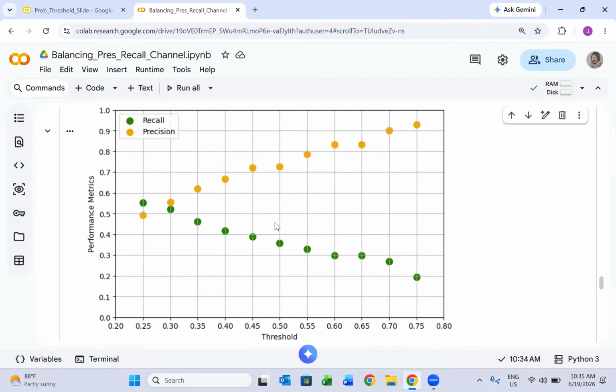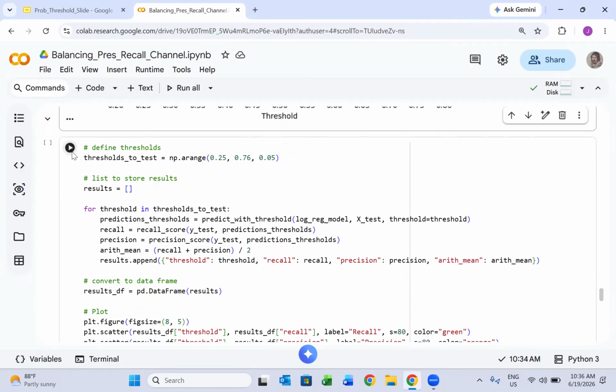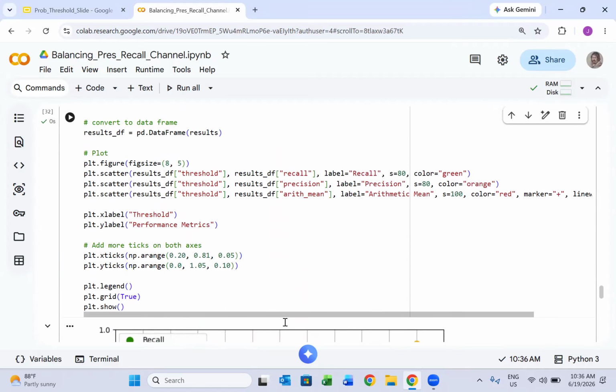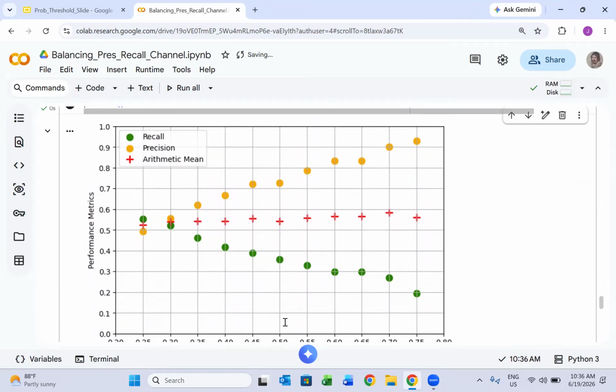So what I'm going to do now is repeat that same plot, but showing the arithmetic mean in addition to precision and recall. Let's go ahead and do that. There you have it, same chart, but now those red crosses are the arithmetic mean between precision and recall. Guess what, guys?